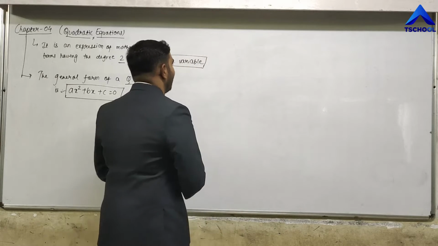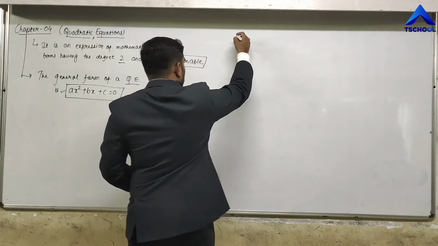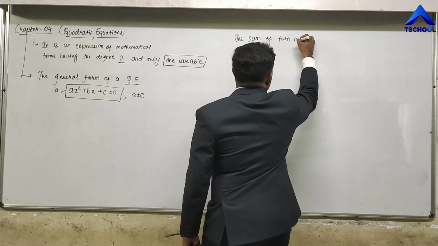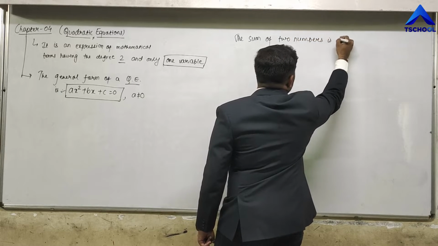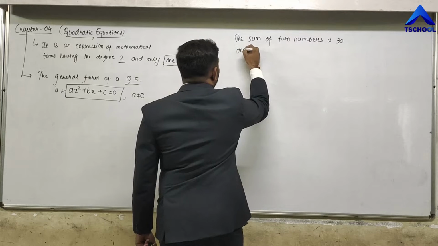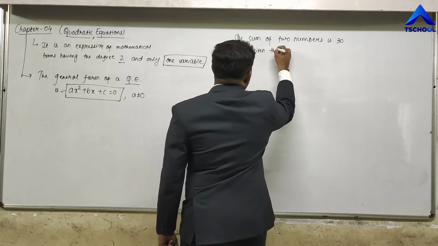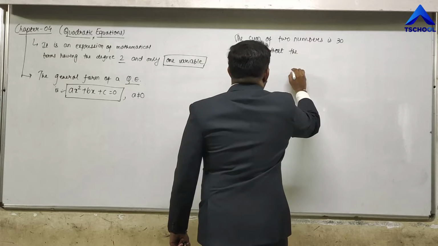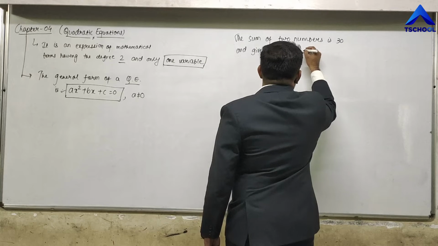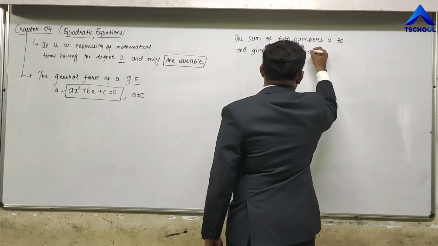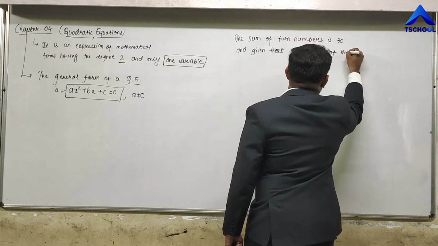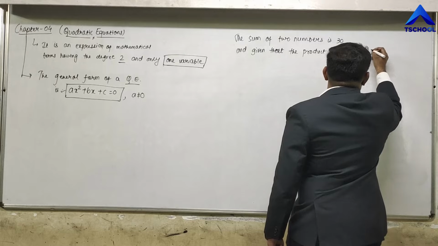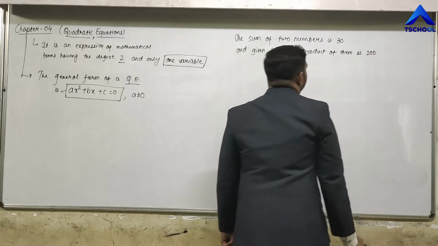Let me say, for example, you have a condition here that the sum of two numbers is 30, and given that the product of them is 200, right?